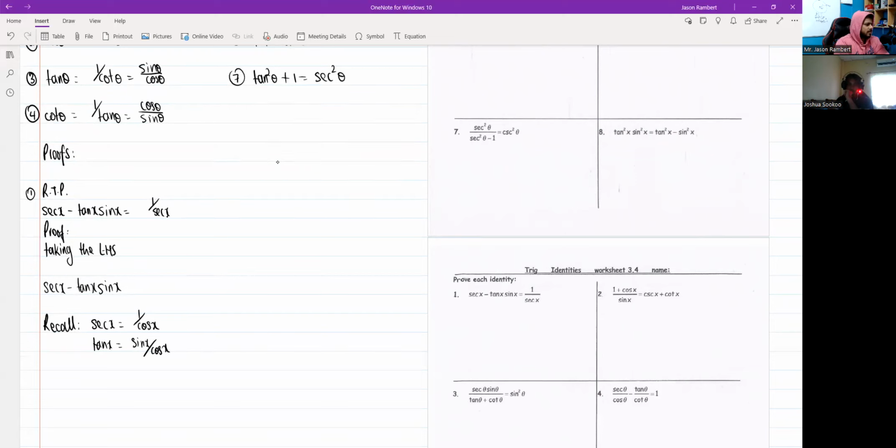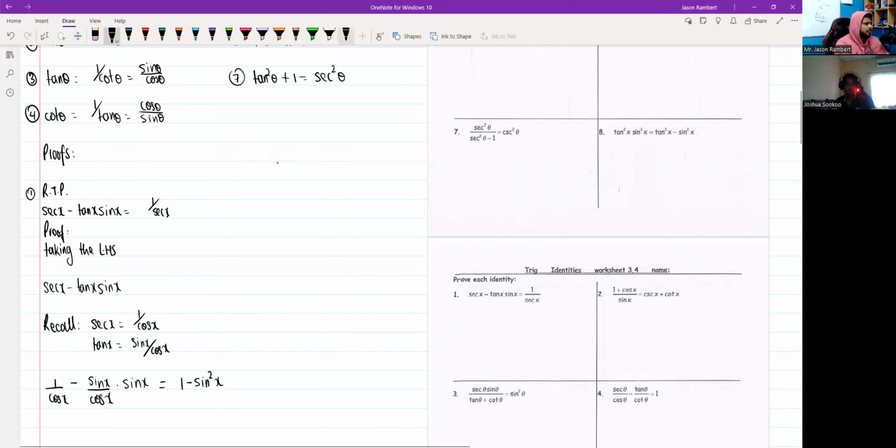And I'll go try a thing. So here I have sec x is 1 over cosine x minus sine x over cosine x multiplied by sine x. This is equal to 1 minus sine squared x, all over cosine x.